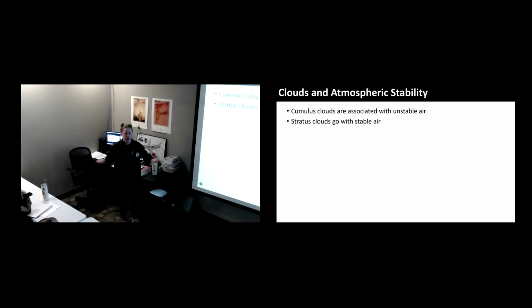It's just a nice sheet of cloud. There's not as much vertical development, which means you're not going to have as much turbulence. So that's why it's associated with stable, versus the cumulus being unstable. Those are the two roots that you need to know. Like Latin roots, but cloud roots, right? Stratus and cumulus. Okay.